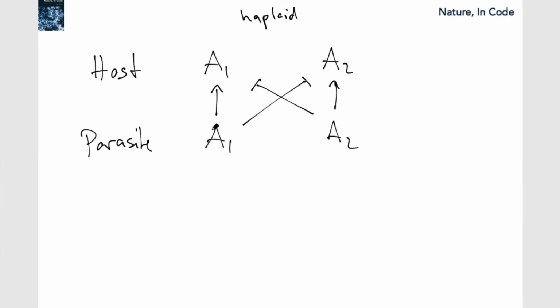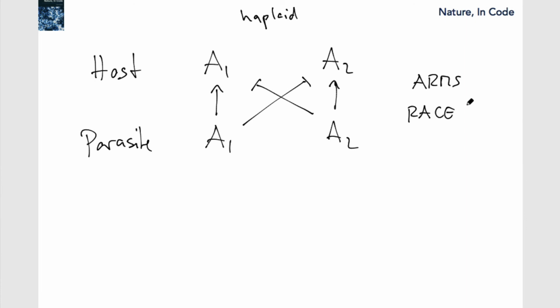So this is cyclical dynamics. You can think of it as an arms race, where one species responds to what the other species does in terms of its genetics, and then as a consequence, the other species will respond to what the first species has done. And this is an arms race that can lead to these coevolutionary cycles.